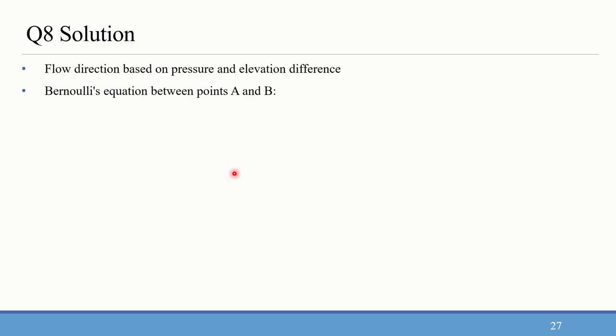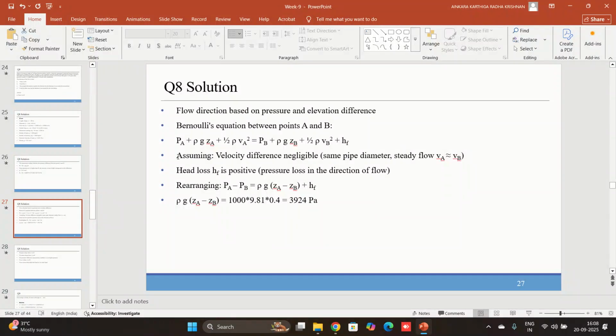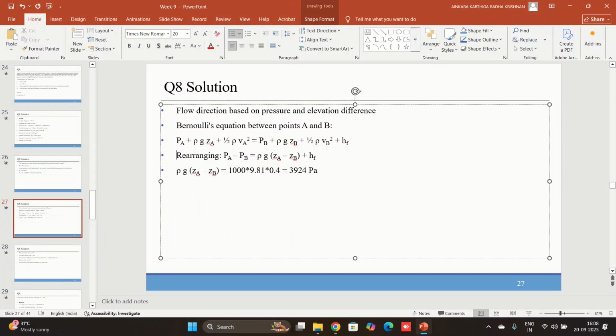Bernoulli's equation between points A and B. We are just writing the Bernoulli equation and assuming the velocity is negligible, and what we get is hf. So PA minus PB is equal to, neglecting velocity, rho g (ZB minus ZA) plus hf.